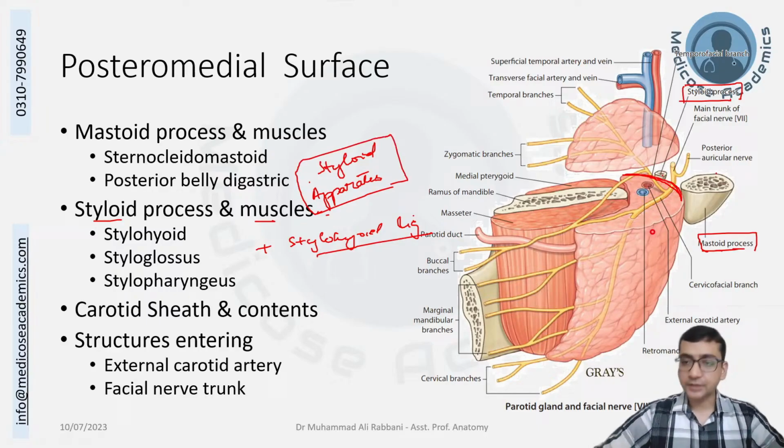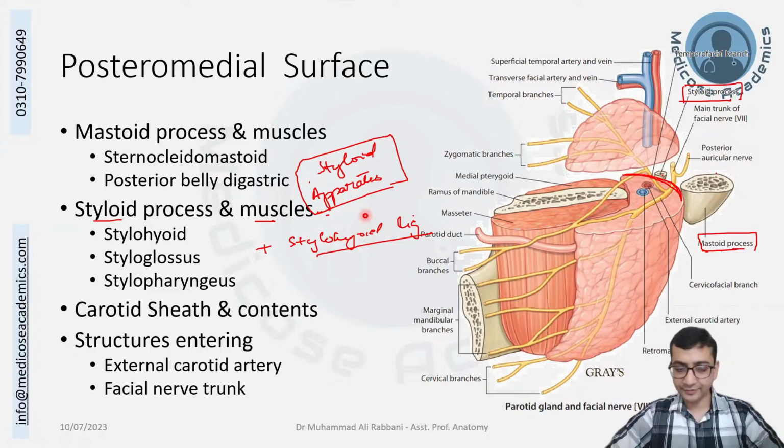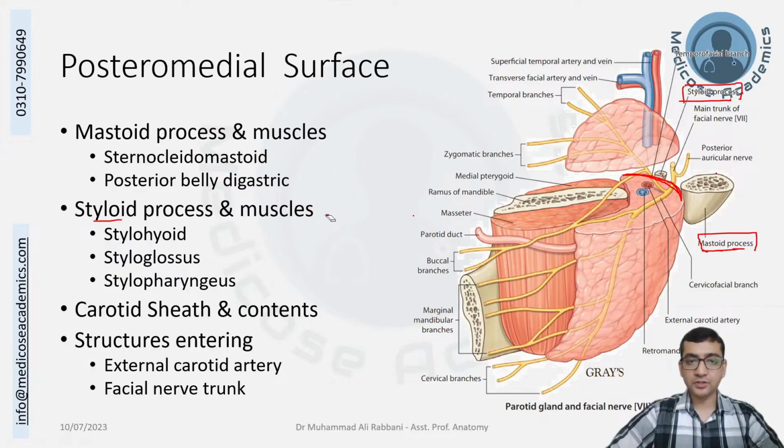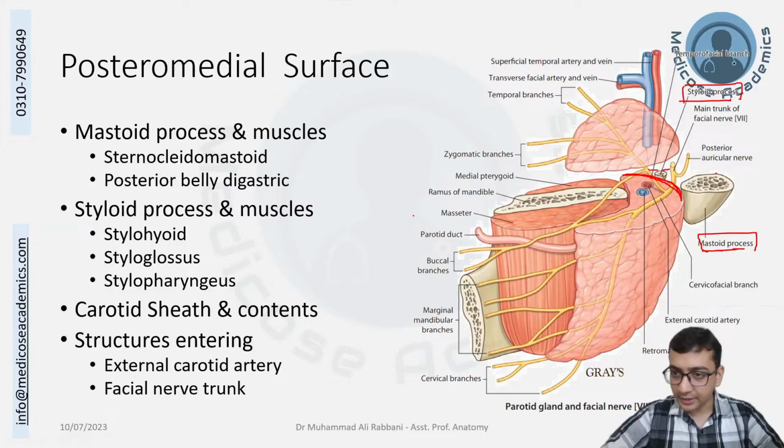So it will include the styloid process, the stylohyoid muscle, styloglossus muscle, stylopharyngeus muscle, and stylohyoid ligament. So this is a long list that we have covered, and then the structure that is left is just beyond the styloid ligament, about here, there is the carotid sheath.